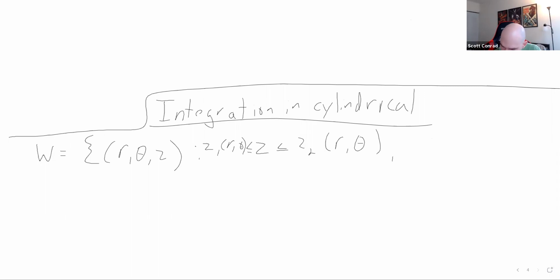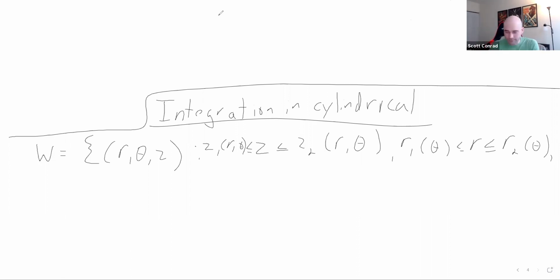Then r: usually r is just going to lie between numbers, but it could also lie between functions of theta. Just think about r lying between numbers. So basically, if you integrate with respect to z, you're pushing it down to the xy plane.